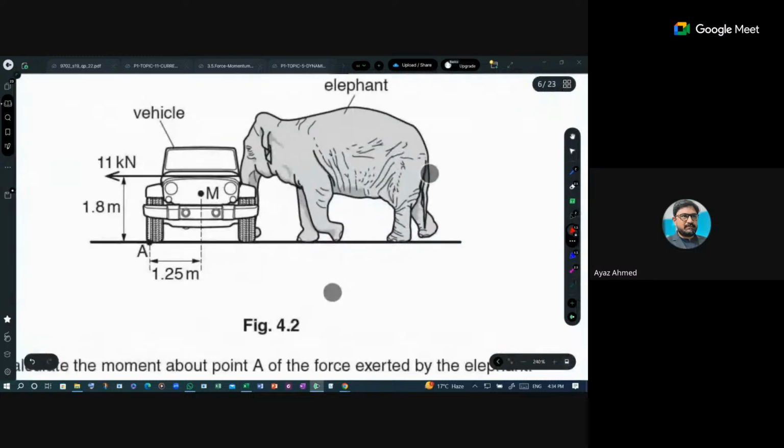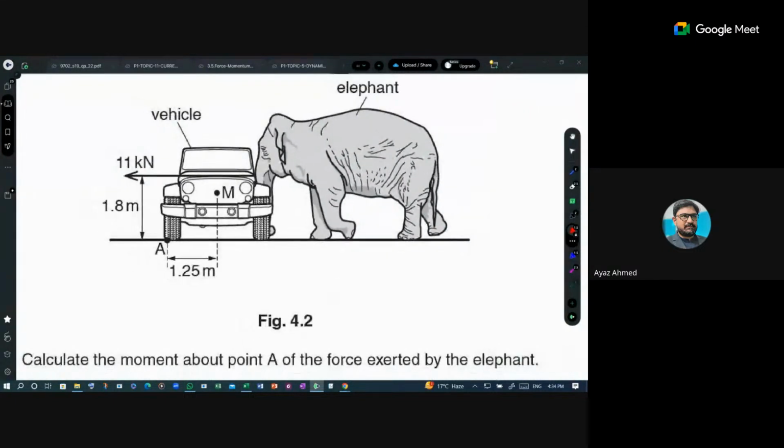This is somehow a question from National Geographic. A truck or a vehicle is there, and it is being pushed by the elephants. The elephant is applying a force of 11,000 Newton at a height of 1.8 meter above the tire, about point A.